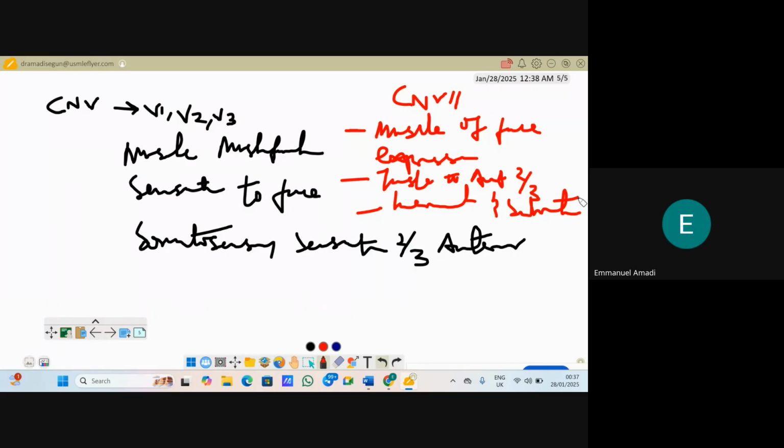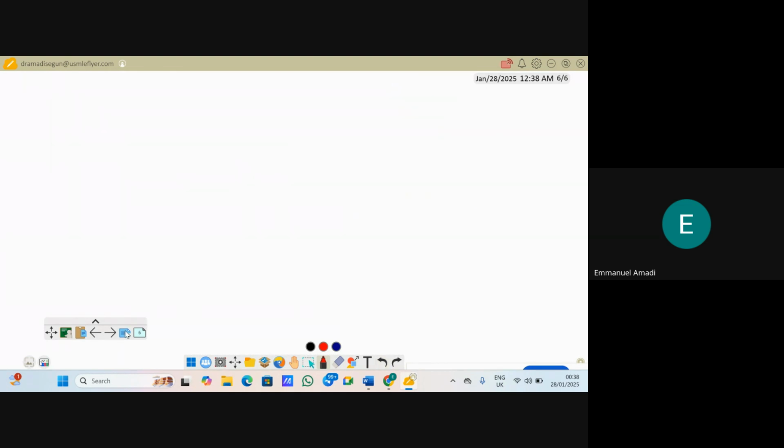So we have done cranial nerves 3, 4, 5, 6, 7. So we've done 5 out of the 10. We have another 5 we need to look at. Now, the next one is cranial nerve 8, which is very simple. Cranial nerve 8 is what we call the vestibulocochlear nerve. So I call it vest-coch in abbreviation.